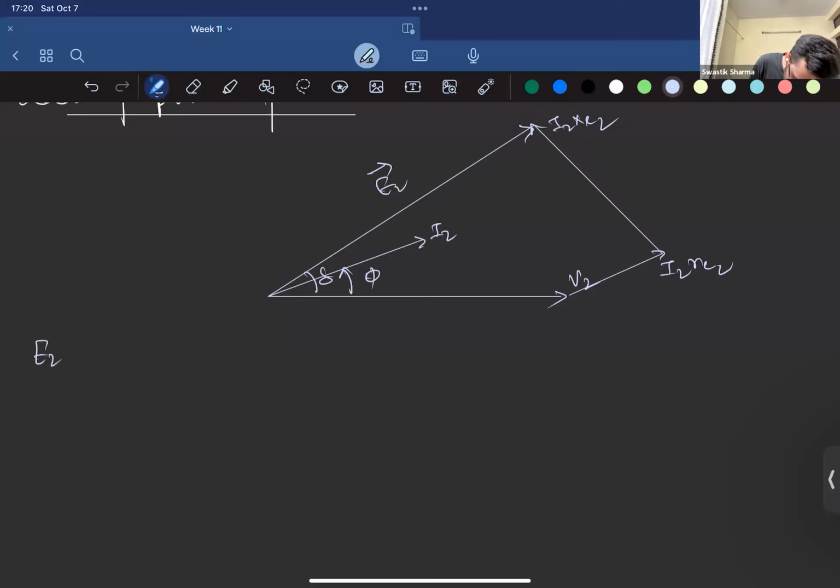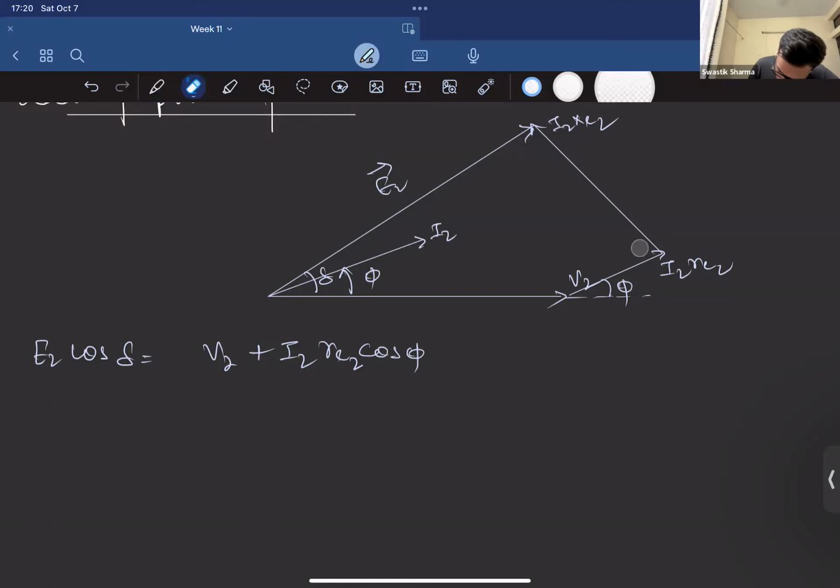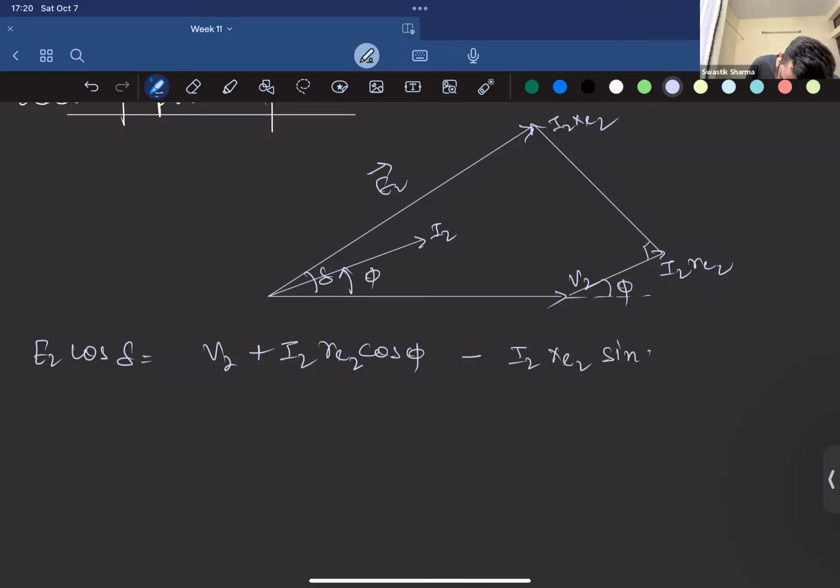So E2 cos delta can be written as V2 plus I2 RE2 cos phi, because this is phi, since this is 90. So this would be minus I2 XE2 sin phi, right?